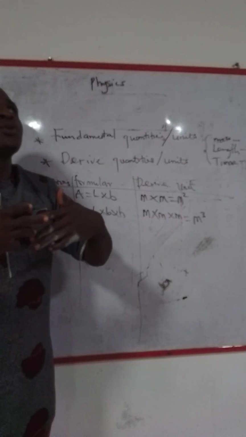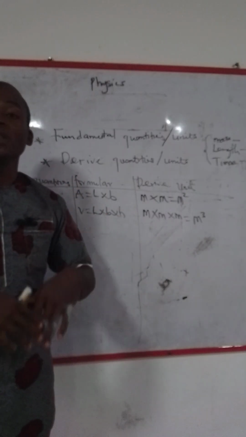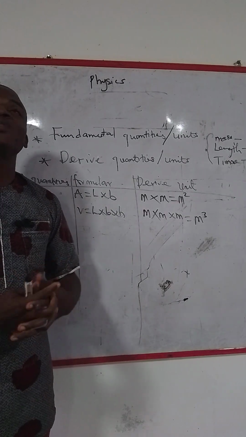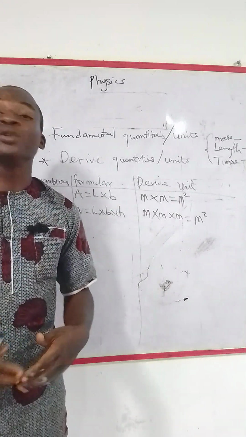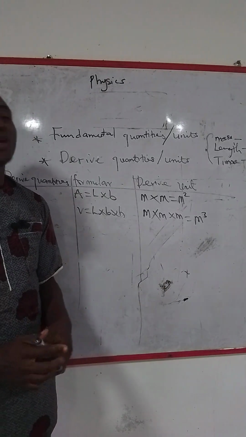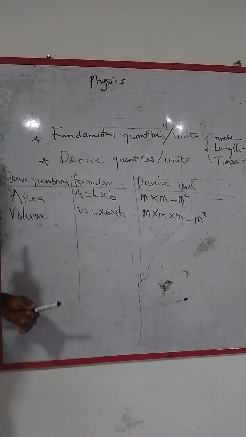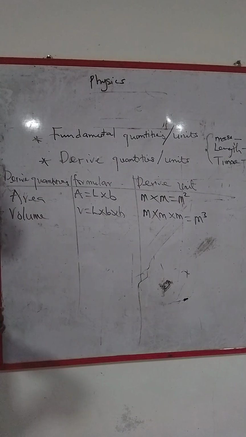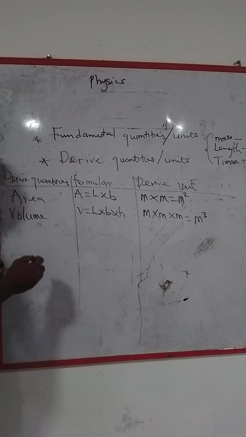When the person writes 3 centimeter cube, you don't need the person to tell you that it is volume. When you see somebody write 200 millimeter cube, the unit automatically defines the quantity you are talking about. That's a very good reason why your unit must be attached to whatever value you are getting.